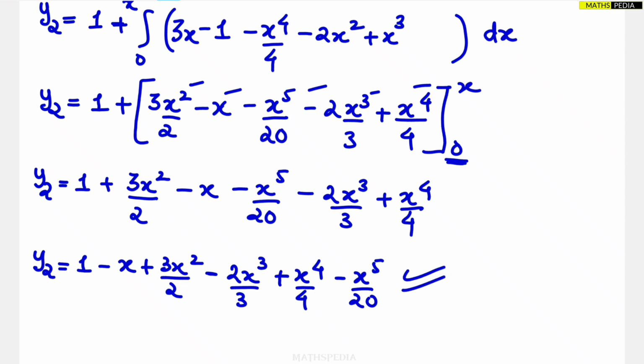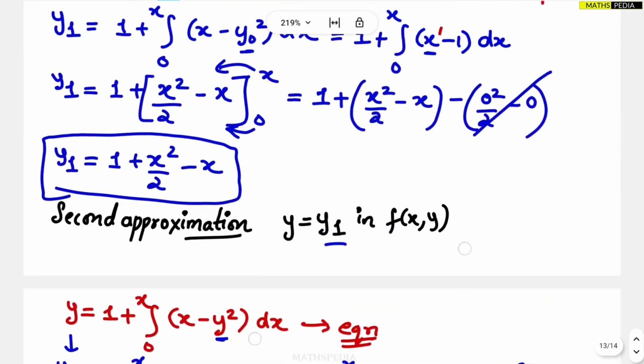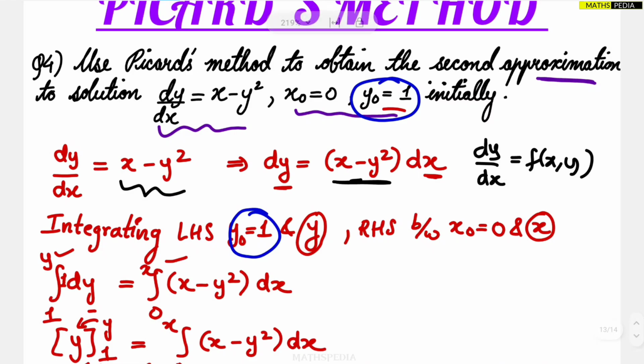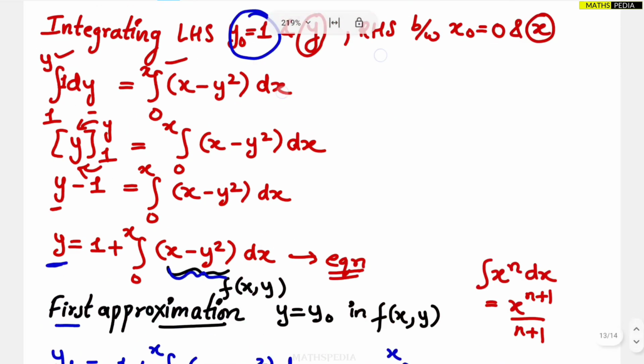Second approximation value, so this will be the final answer. Now they have asked us to find out y of 0.1 also. If you see in the question, we are not asked. Okay, leave it. Okay, this is the answer.